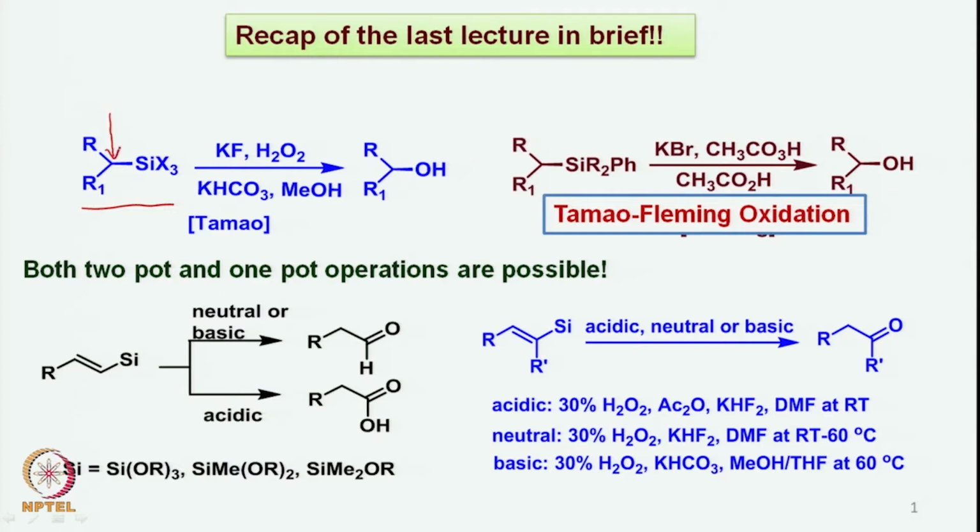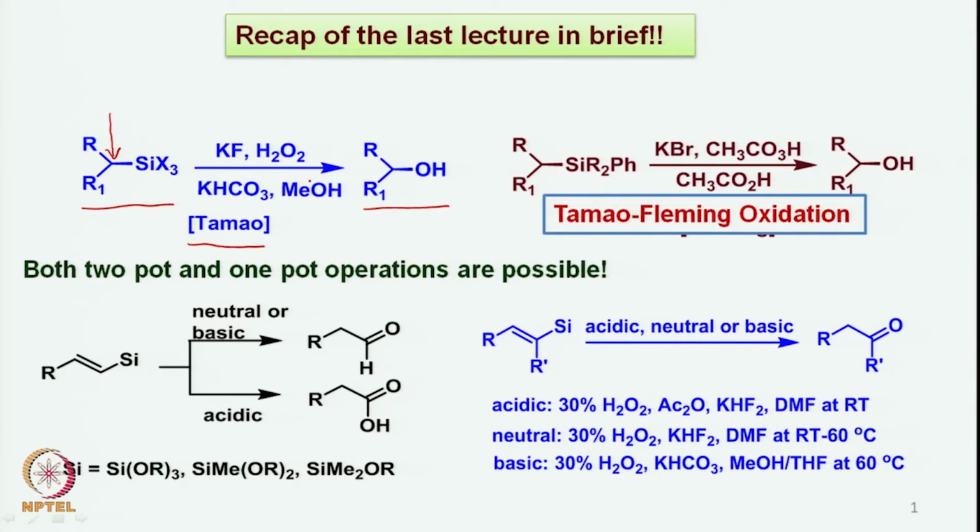If this is treated under Tamao conditions, then we get the corresponding alcohol. That means the carbon silicon bond is broken and a carbon hydroxy bond is formed, and these conditions we discussed last time in detail.